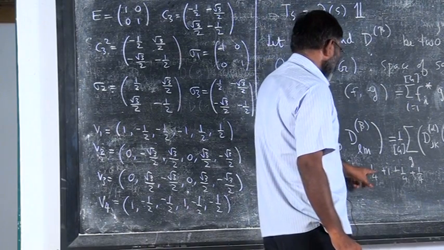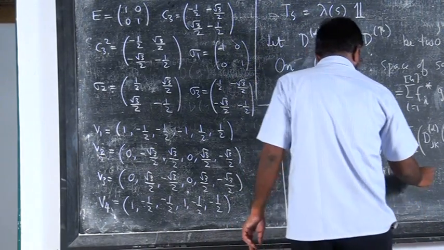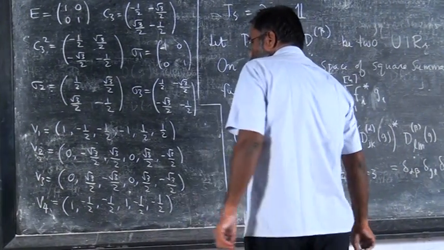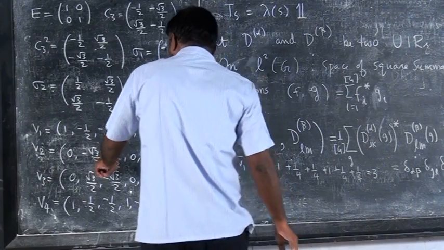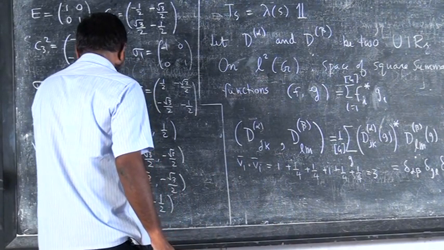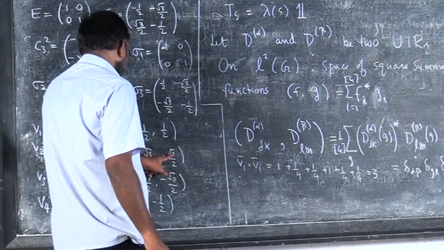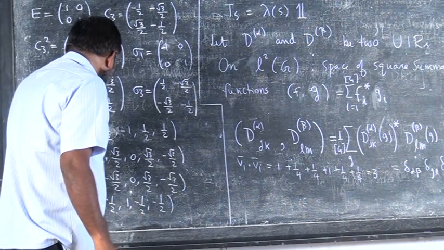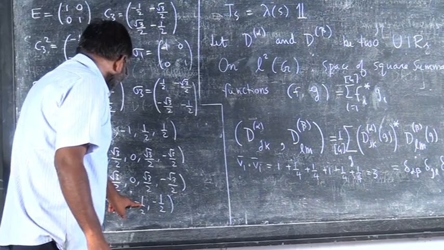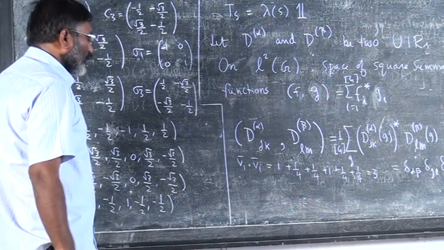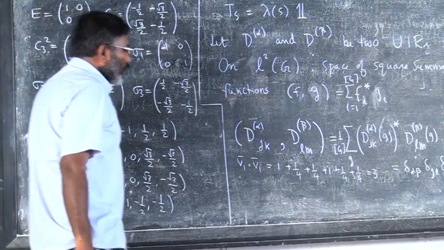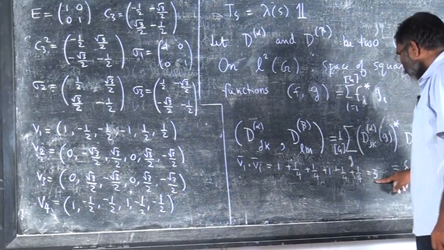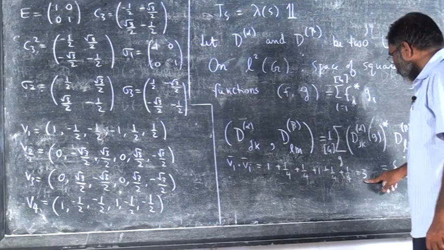This is half, this is 3, right? What about V2? 3 by 4, 3 by 4, 3 by 4, 3 by 4. It is also 3. This is also 3. So now what you are getting here is 3.